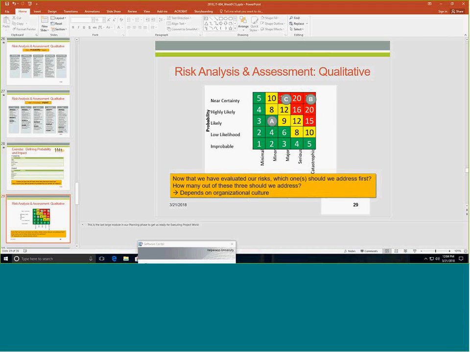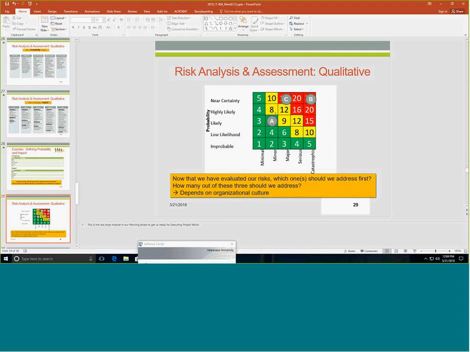Here we're seeing a typical organizational risk matrix that starts with, if a risk is near certainty and has a major impact, we want to start mitigating, and if a risk is likely but it has a catastrophic impact, we also want to start mitigating. So that is a 3 times a 5 here, and it's a 3 times here, right? So these risks typically have to be addressed.